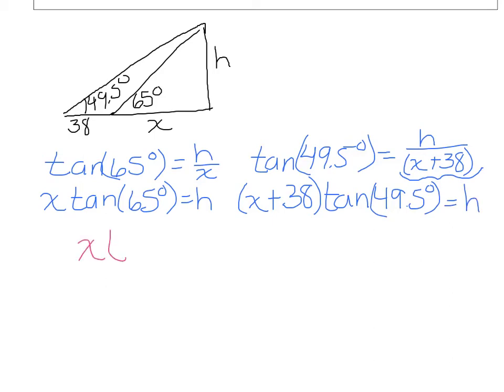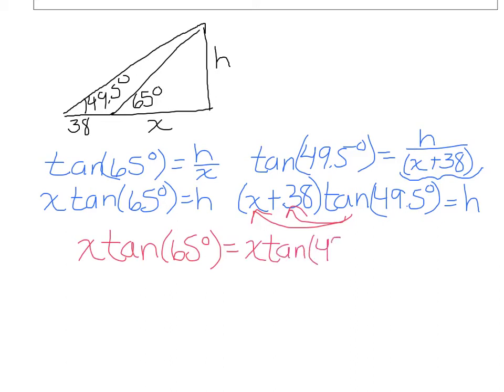x tangent 65 degrees equals, and I'm going to go ahead and distribute this right now just so I don't have to write it twice, x times the tangent of 49.5 degrees plus 38 tangent of 49.5 degrees. Okay, that's a plus.